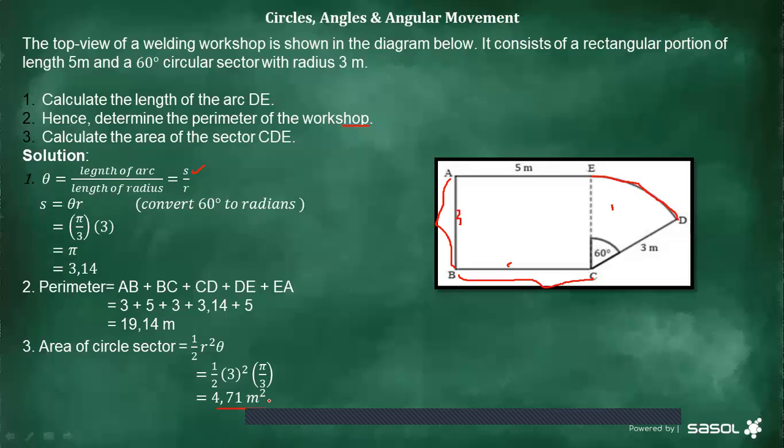Sometimes you might not get a mark by just removing or forgetting to write the units. So you might not get that mark, although the answer is correct. But the fact that you did not write the units, you're going to forfeit that mark.